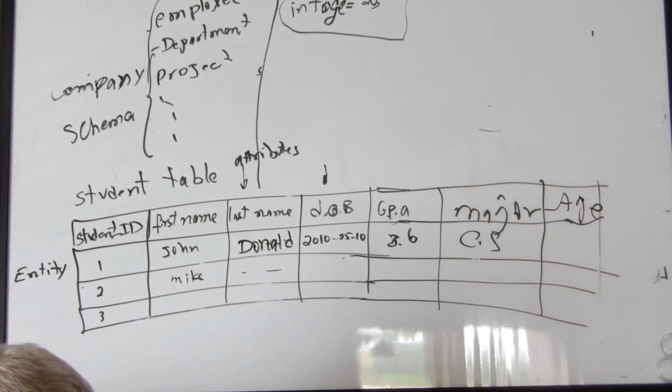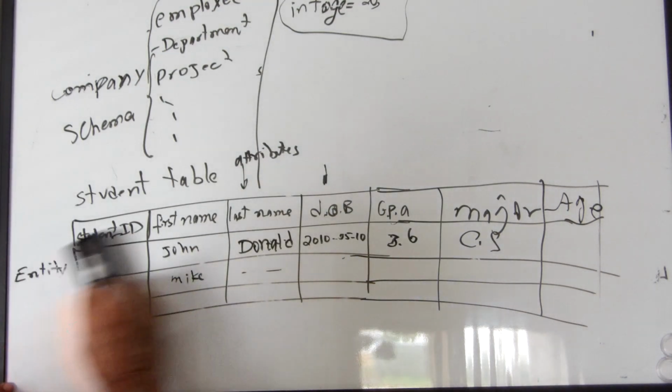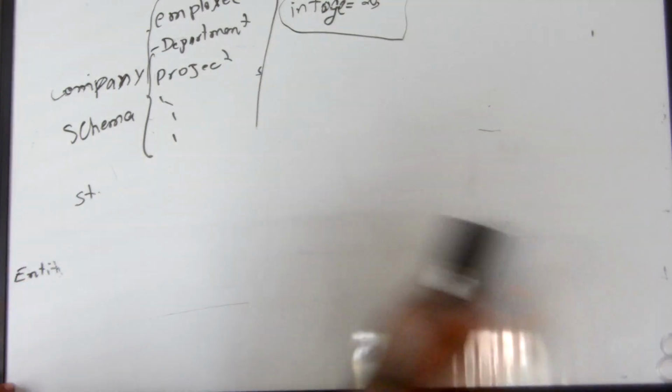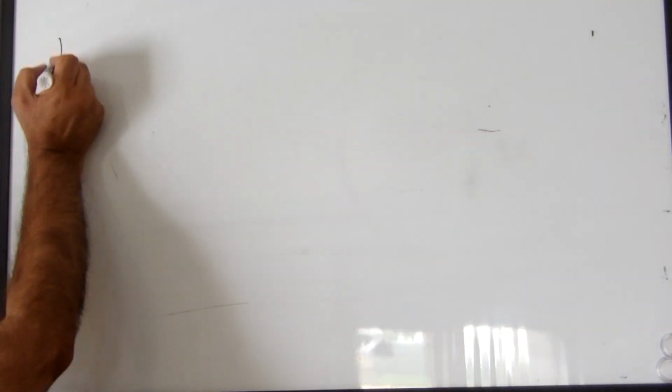First, what is data? Data is just a collection of some facts that can be recorded and that can have an implicit meaning.